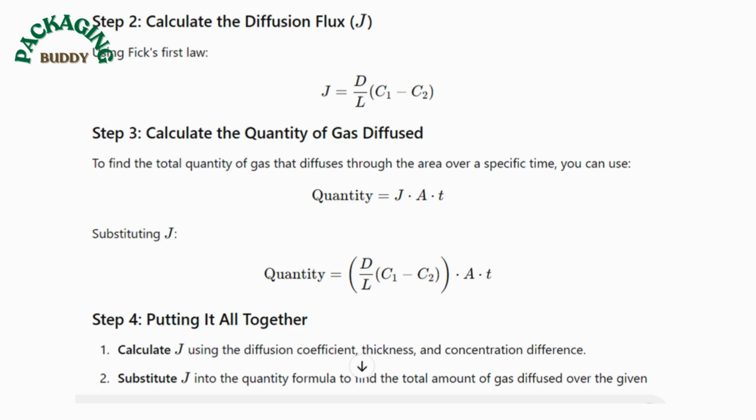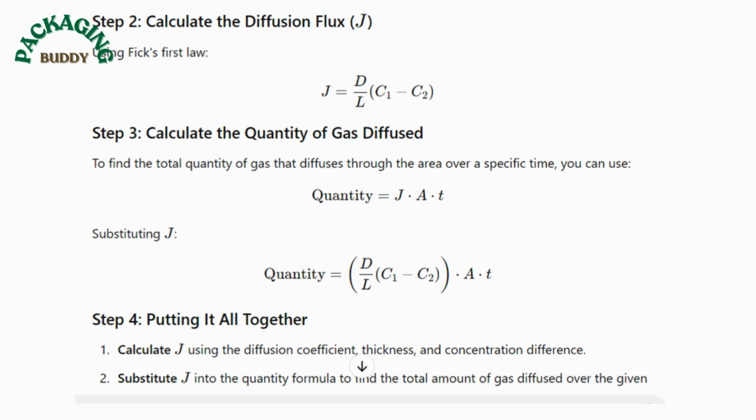Step 3, calculate the quantity of gas diffused. To find the total quantity of gas that diffuses through the area over a specific time, we can use the formula: Quantity equals J multiplied by A multiplied by T. Now, substituting J, quantity is equal to D by L into C1 minus C2, whole multiplied by A multiplied by T.